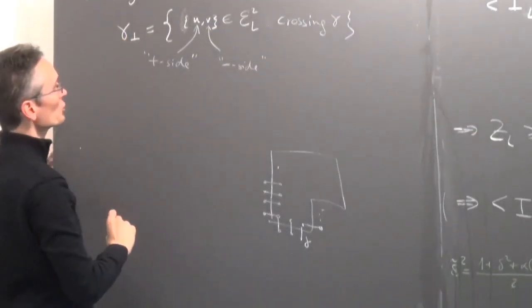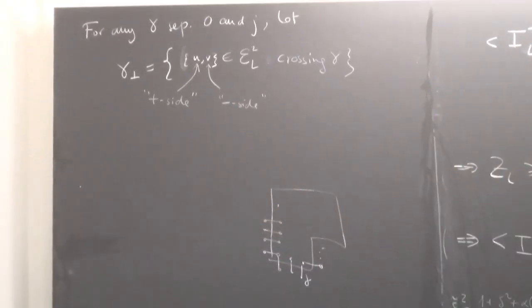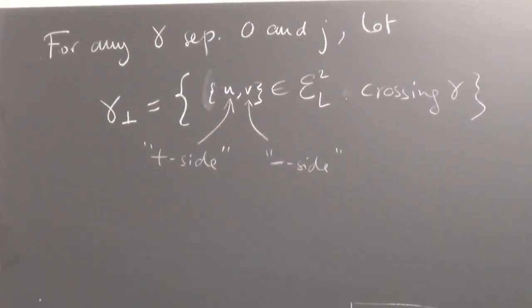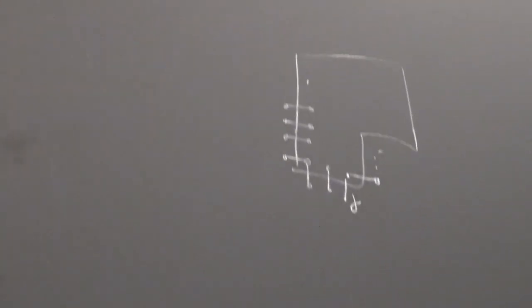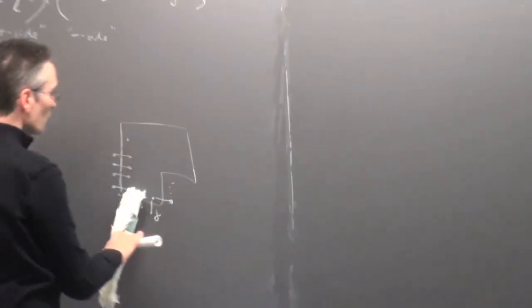Just a convention which will make things a bit simpler. So let's see what I can do with this thing. So maybe let me erase that. It's clear what this gamma orthogonal is, I hope.